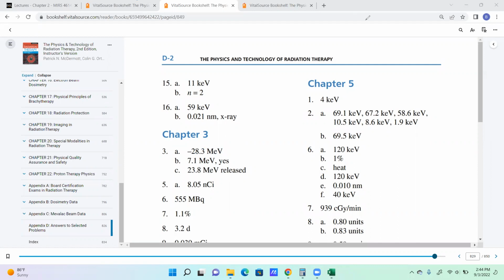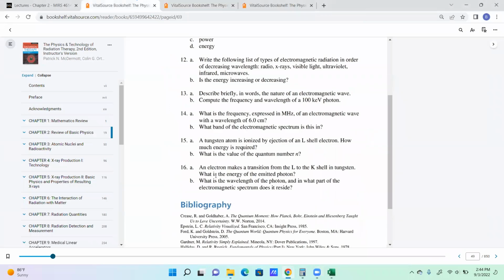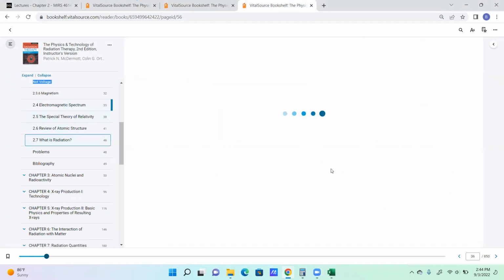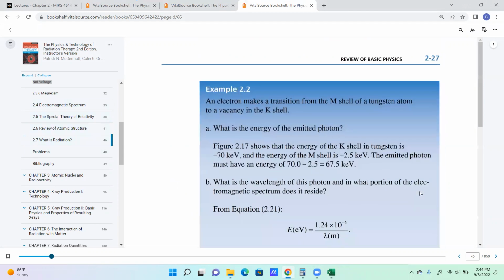Okay, so now let's go to this problem right here. 15. A tungsten atom is ionized by ejection of an L shell electron. How much energy is required? Okay, there is in the book, let's go here to what is radiation.